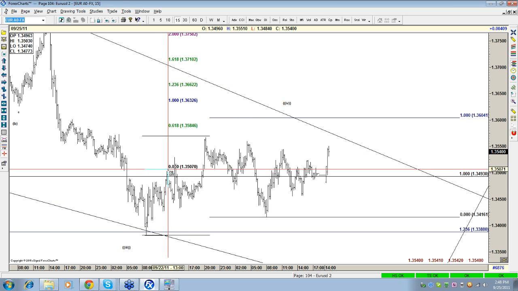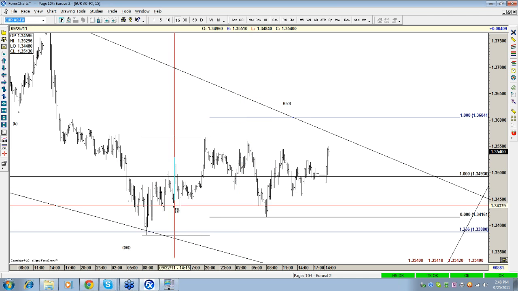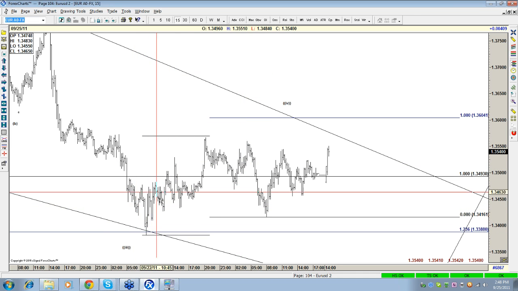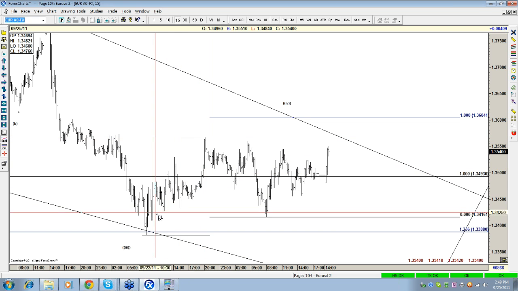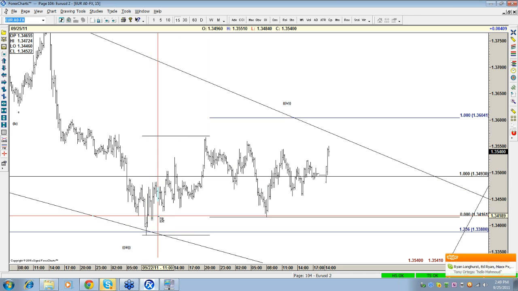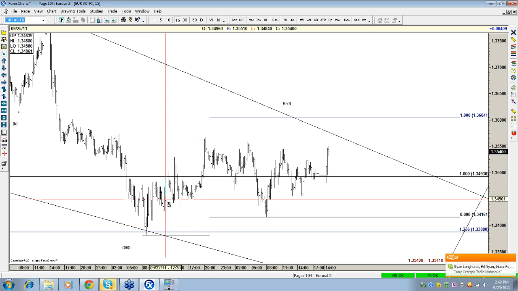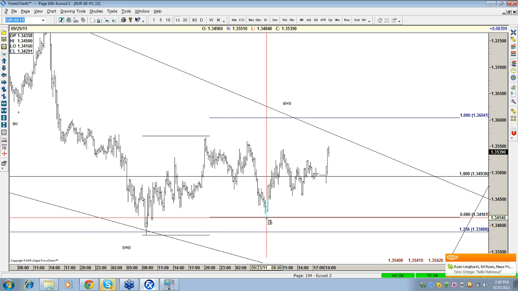And then if you measure from here, they're perfect. Because this can be a flat. When you have one, two, three, four, five, A, B, C, and a flat, something like that. But this is corrective. This is completely corrective here. And then you get three backs to the 76.4.